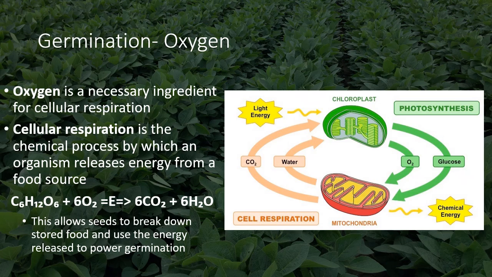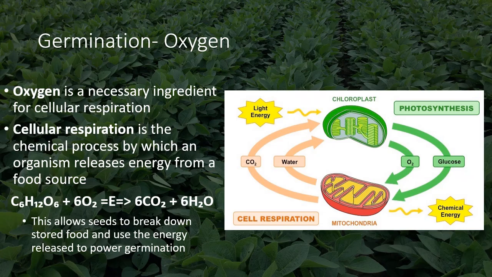In this case, glucose. And in cellular respiration, oh, sorry, I just wanted to add that in photosynthesis, oxygen is a waste product. But in cellular respiration, we're consuming glucose or sugar, we're reacting with oxygen, we're oxidizing it, and then we're releasing water and carbon dioxide as waste products.